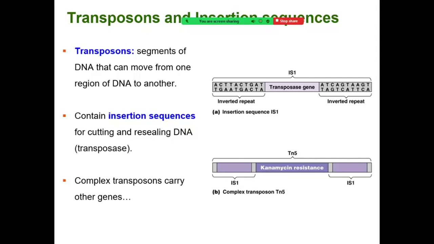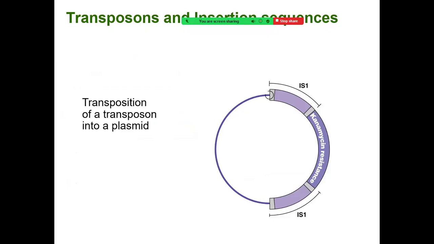Okay, transposons are important because they can move DNA from one part of the chromosome to another part of the DNA, including moving a gene from the chromosome, like transposon number 5 here, into a plasmid. And now this plasmid will be more likely to move from this cell to another cell, especially by sexual conjugation, but also by transformation and transduction.